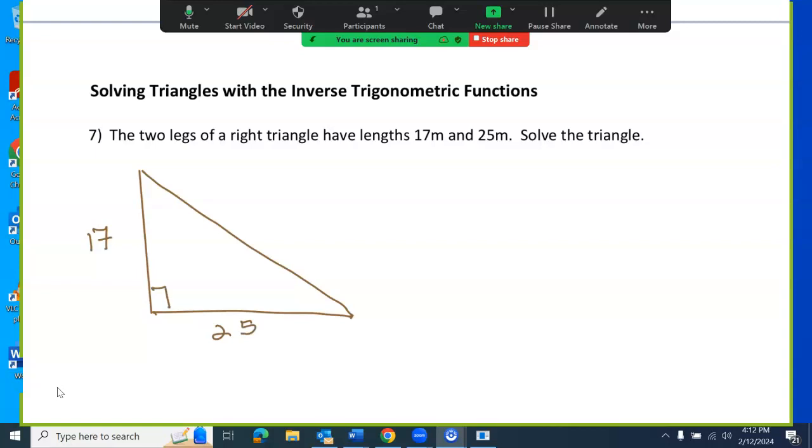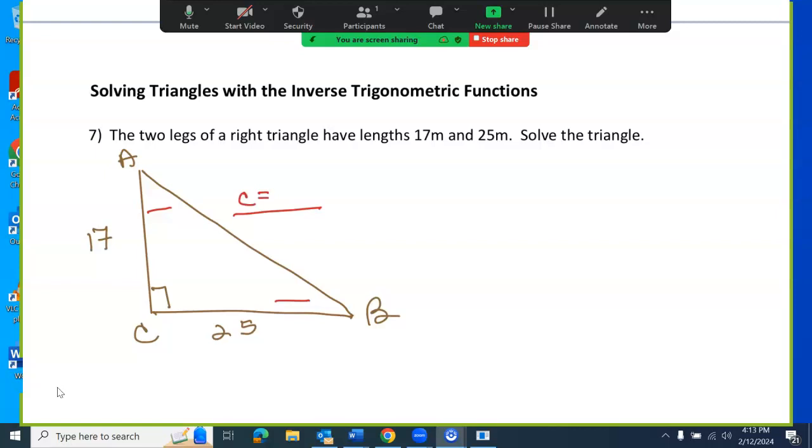As long as you put them on the legs, you're good to go. I'm going to label my triangle A, B, C. I'm going to see what's missing. I know that this side is missing and these angles are both missing. This is little side c.